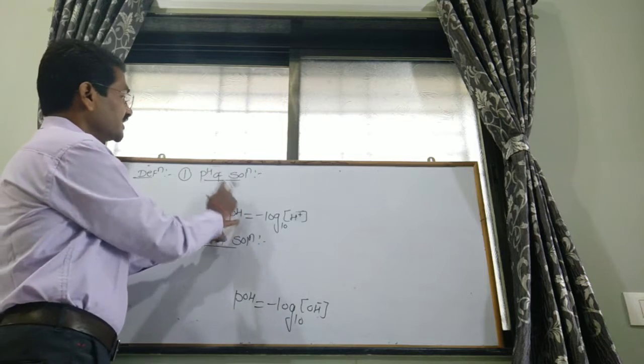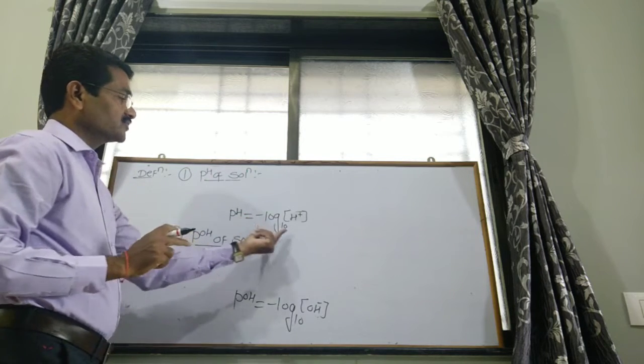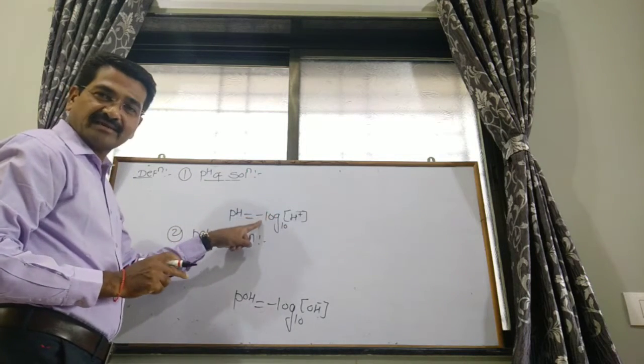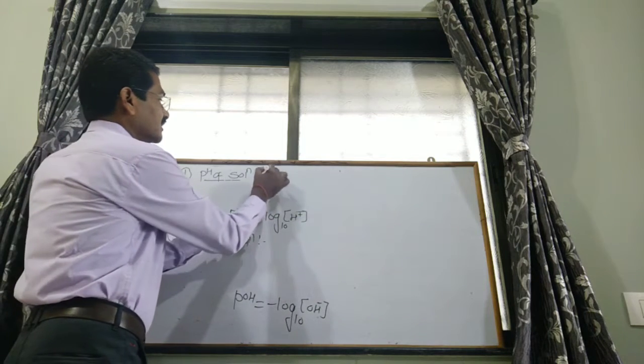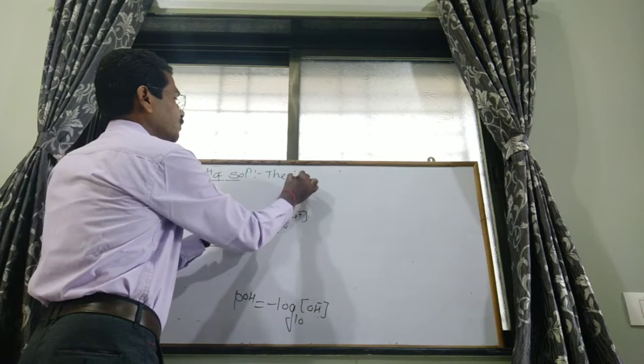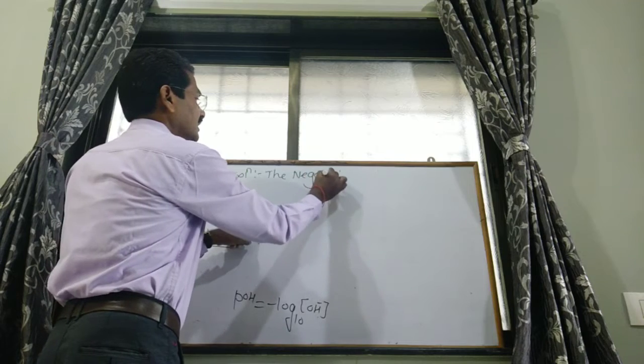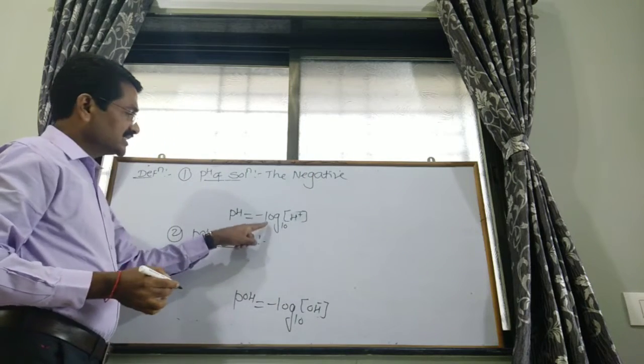First of all, see the definition of pH of solution depending upon this formula. This side is the negative sign, this is logarithm.